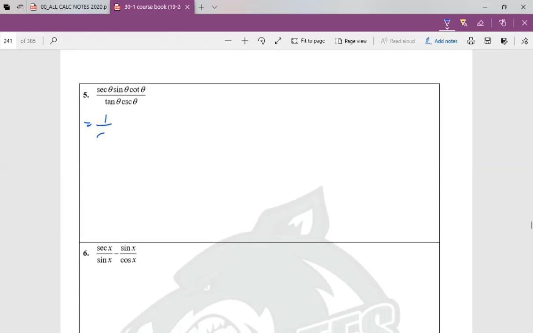Secant is 1 over cosine theta, times sine theta, times cotangent, which is cos theta over sine theta. We're going to divide all of that by sine theta over cos theta times cosecant, which is 1 over sine theta.